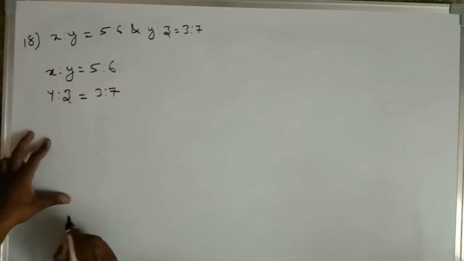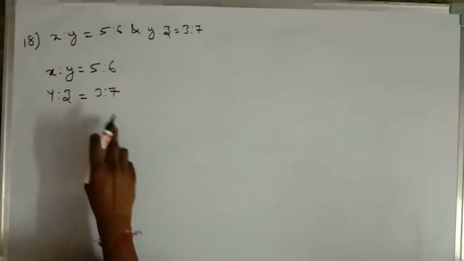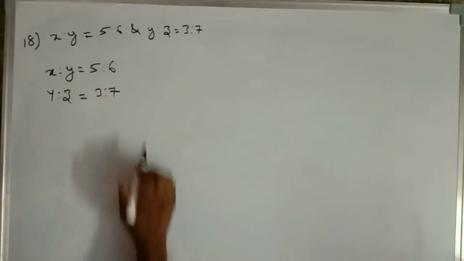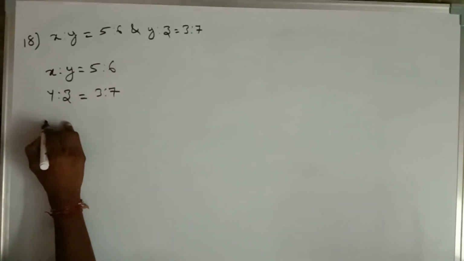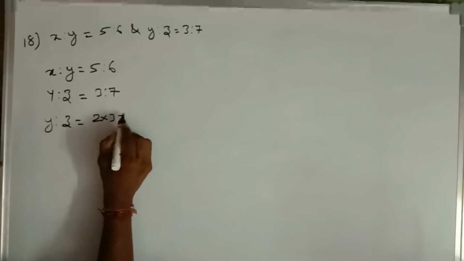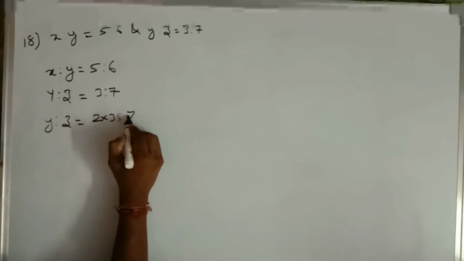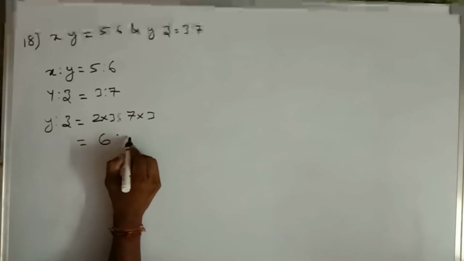Then I am going to multiply with this, that is I need to get 6 value here. Then I am going to multiply with 2. That is y is to z is equal to 2 into 3 is to 7 into 3. That's equal to 6 is to 21.